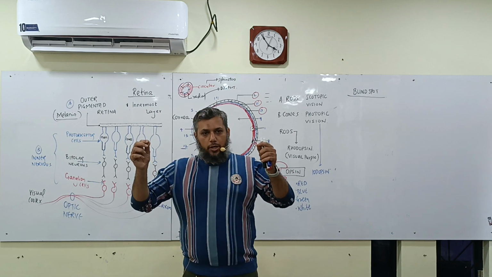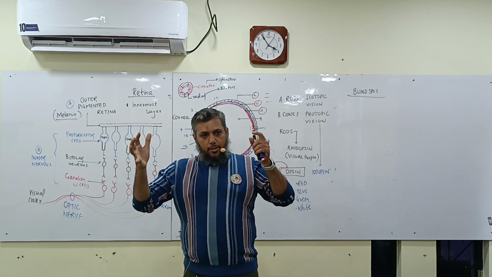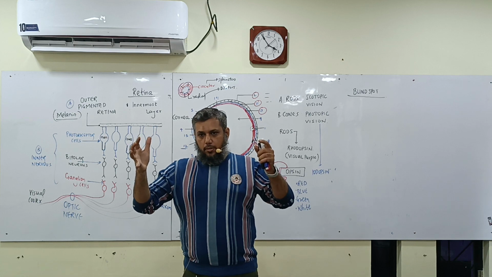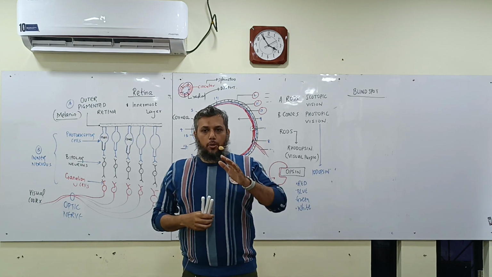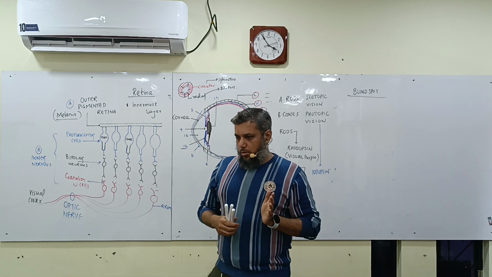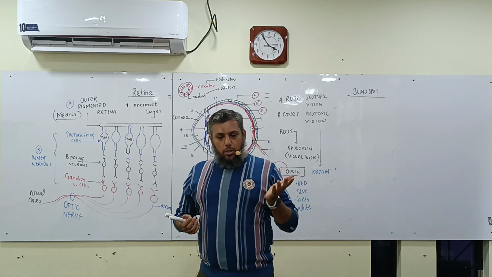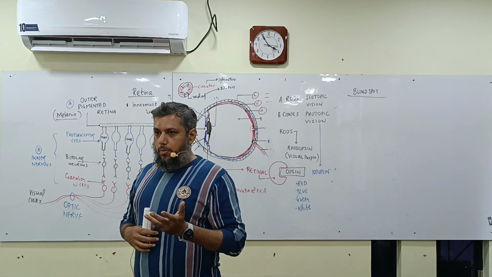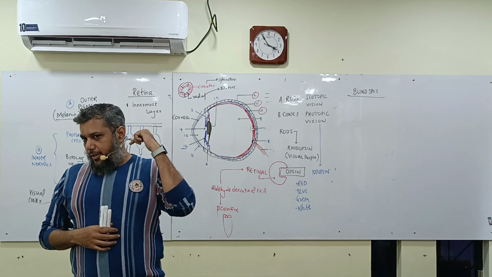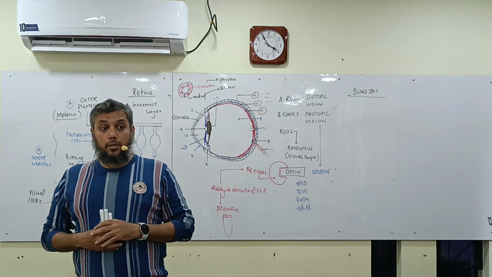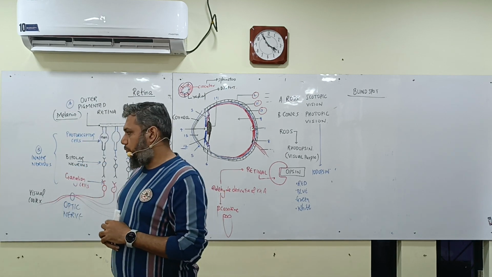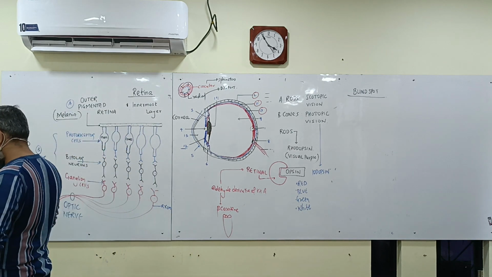So now this spherical body has got anterior and posterior part. I am talking about the posterior pole of the eyeball, not the anterior. Which pole? Posterior. You understood what I am talking about?